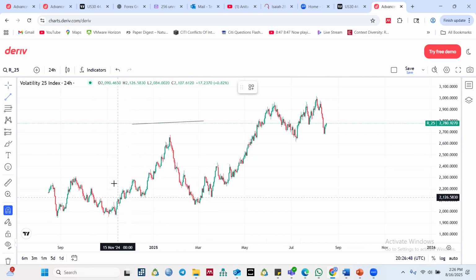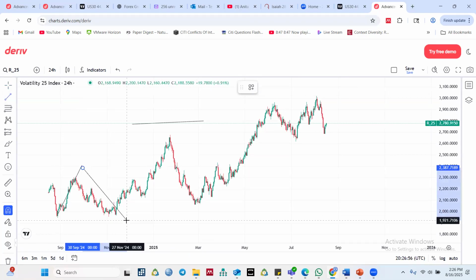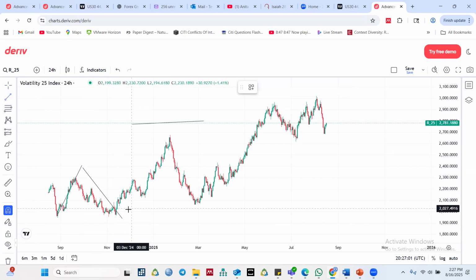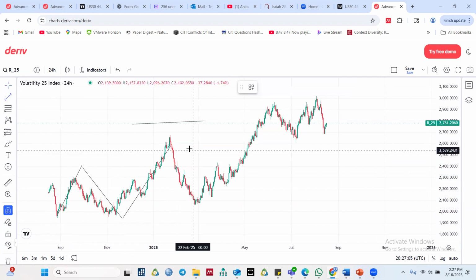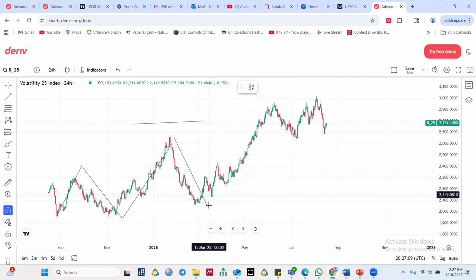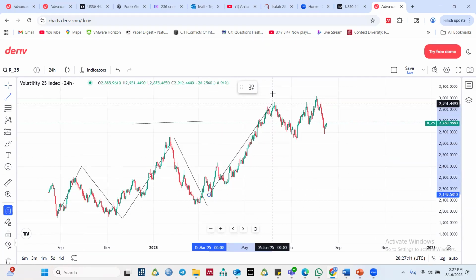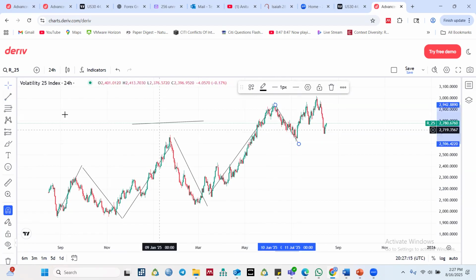Bullish in the sense that we see the market makes a high here, then it makes a lower high, and then it makes a higher high and makes a lower high. Then it makes a higher high again and makes a lower high.